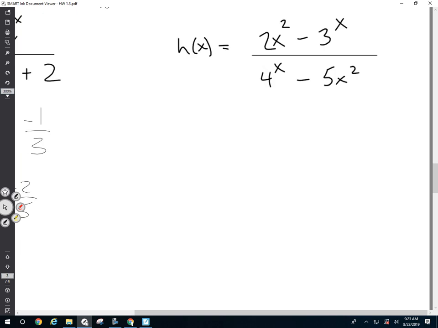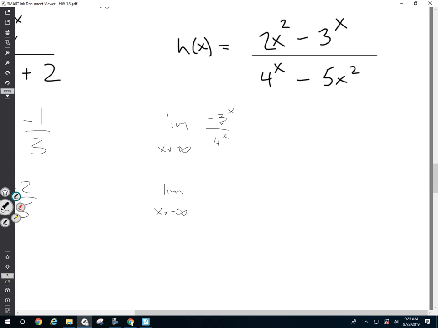Same guy here. Got to look in both directions. If I look in the positive direction, this is 3 to the x. Definitely goes faster than 2x squared. So I just have 3 to the x. 4 to the x. Definitely grows faster than 5x squared. 4 to the x wins.